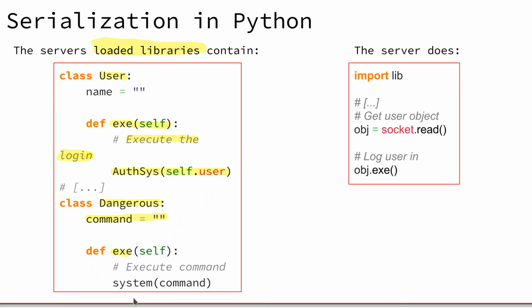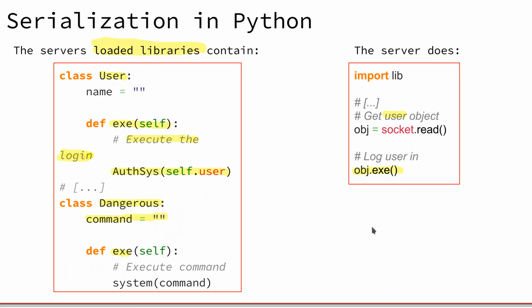So now what would happen is, if an attacker submits not a user object, and then the application code on the server side does socket read, it reads the object from the network, and then on the object it calls the exe function. Because the application developer expects here that there will be a user object, and the execute login function will be called. But as an attacker, what happens if we just send a dangerous object with the command set to rm -rf /?